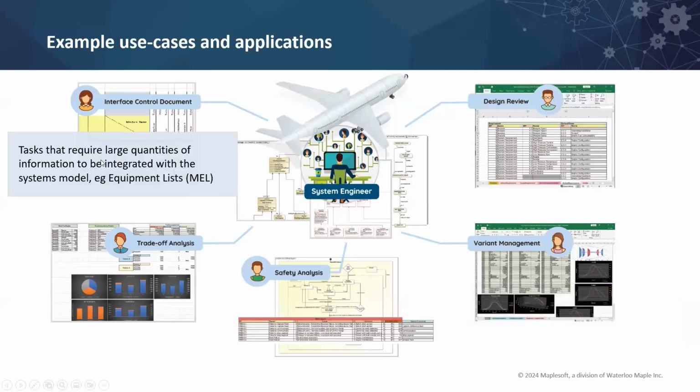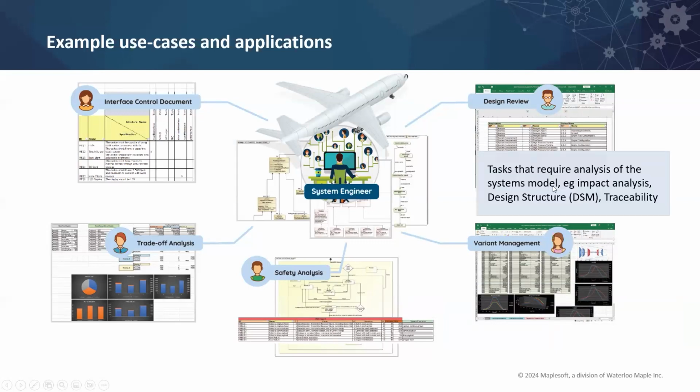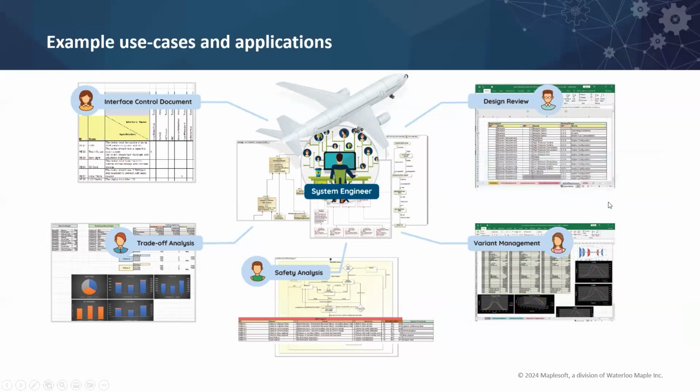Or if you have a large list or a legacy list of components that you want to integrate into your system model, we could define templates that would easily integrate information and also to show any trace. We already saw an example of a traceability that comes from the model. So these are the different views that you could easily bring about using the template and the configuration through MapleMBSE.